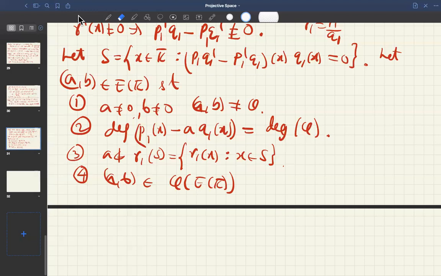So first I'm taking set S to be the set of points. First of all, S is finite, that all of you agree, because P1 Q1 prime minus P1 prime Q1 is a product of two polynomials, and there are at most finitely many roots of this polynomial.